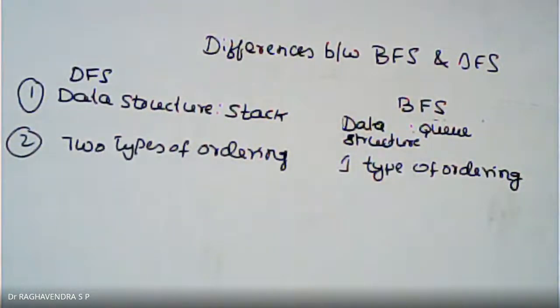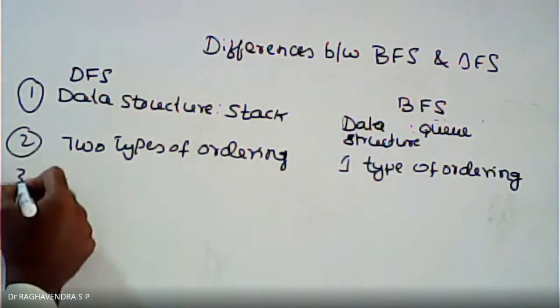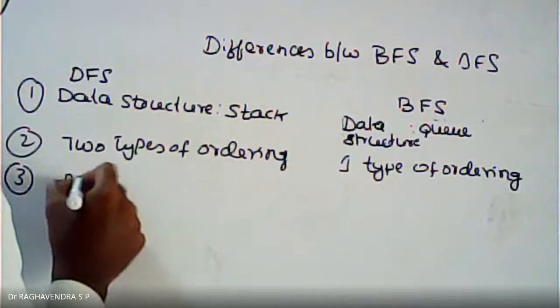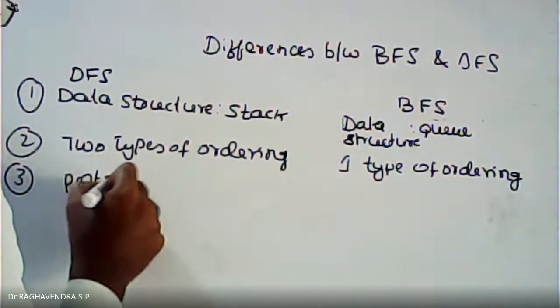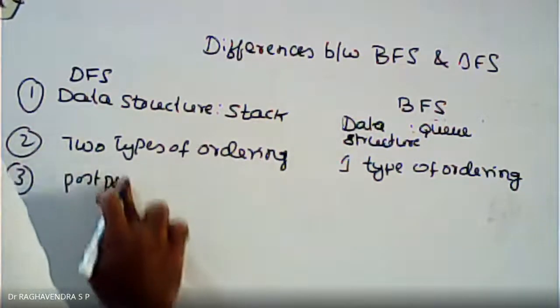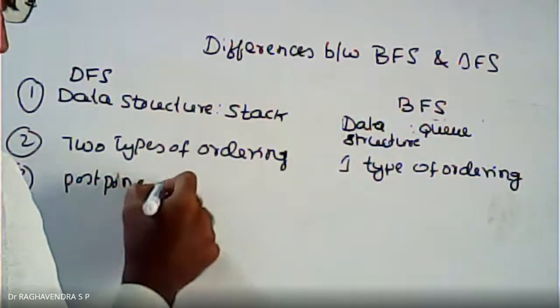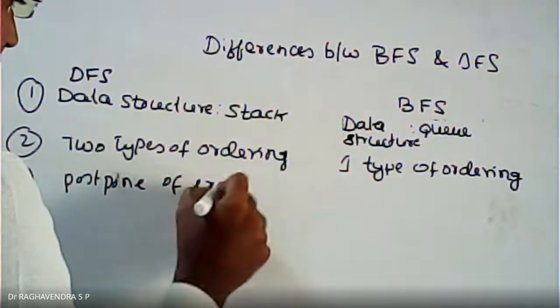Next, the exploration of a node is postponed as soon as a new unexplored node is reached, and the examination of the new node begins immediately. Postponement of exploration.